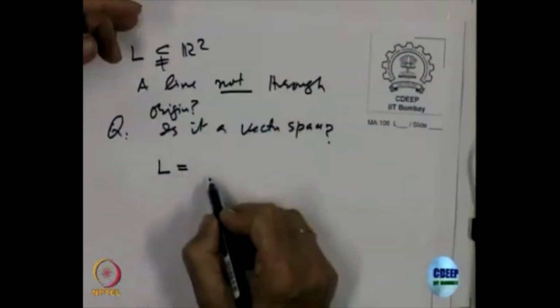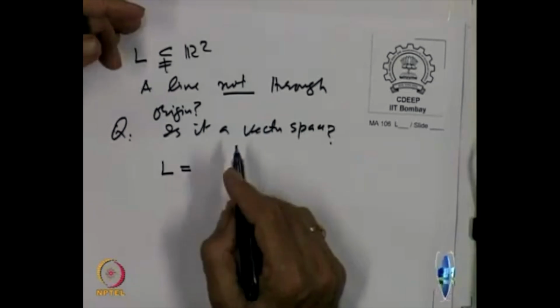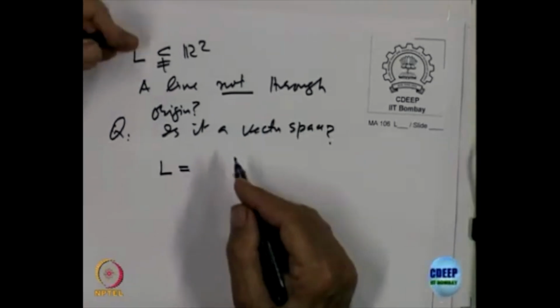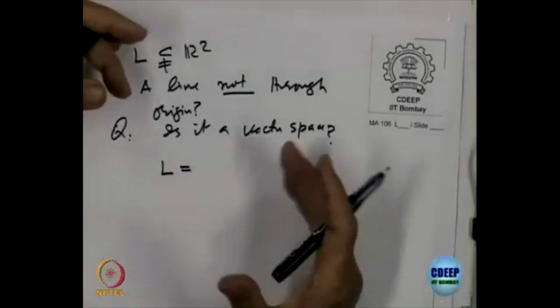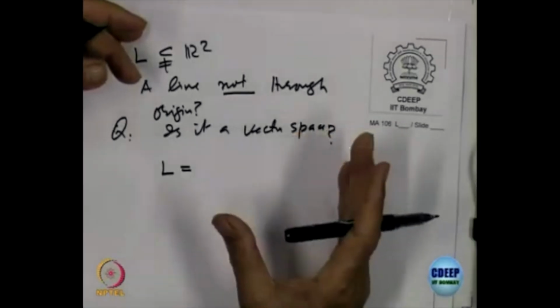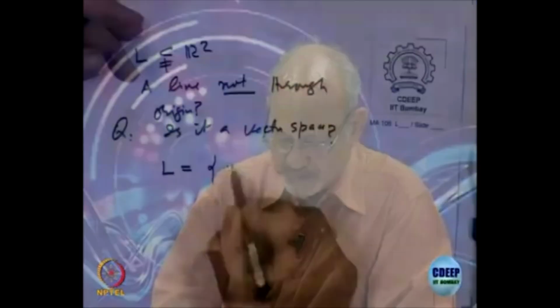So how do you describe a line as a set of vectors? I can write this line L as a set of vectors in R2. Normally points in R2 are written as the ordered pair x comma y. You can also write them as column vectors. Let us write them as points for the time being.